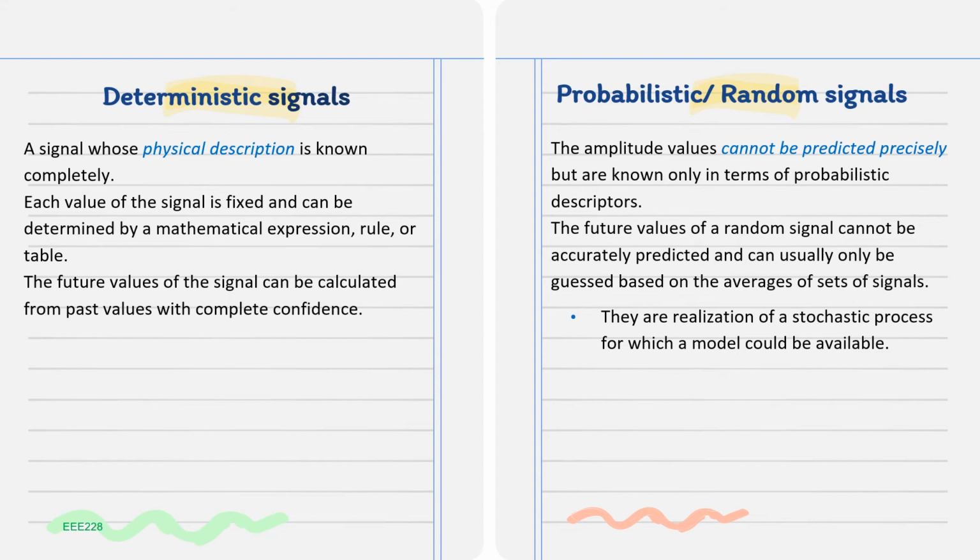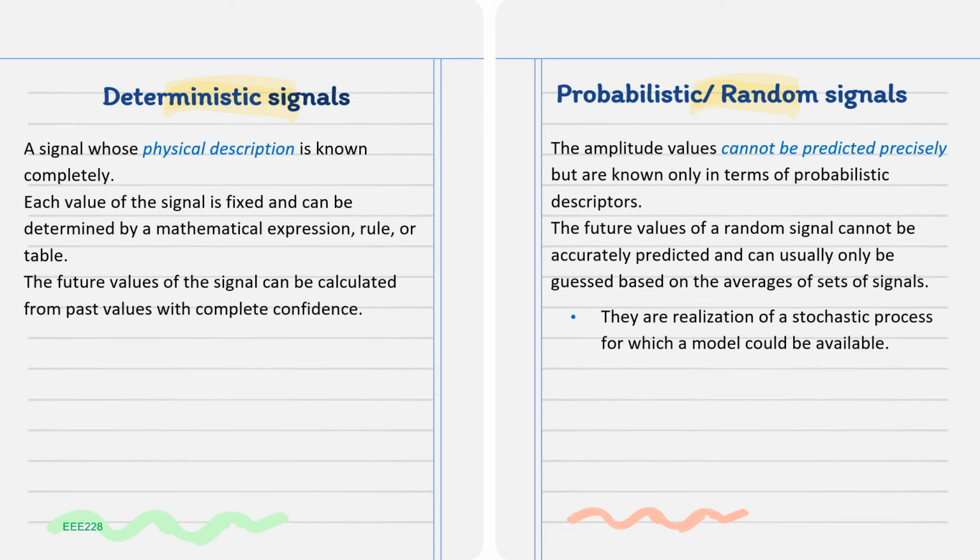For probabilistic or random signals, the amplitude values cannot be predicted precisely but are known only in terms of probabilistic descriptors. These are signals which are estimated based on probabilistic functions.